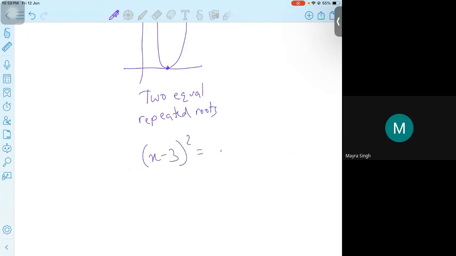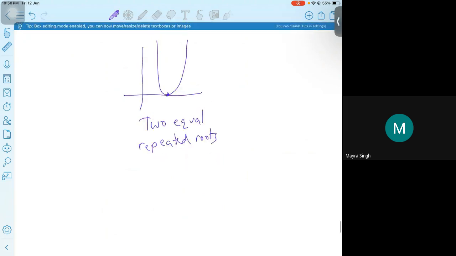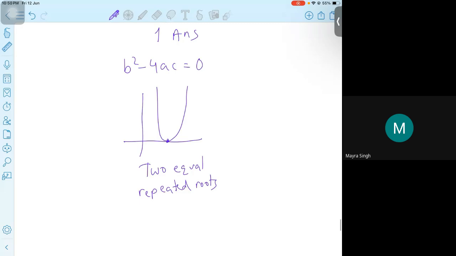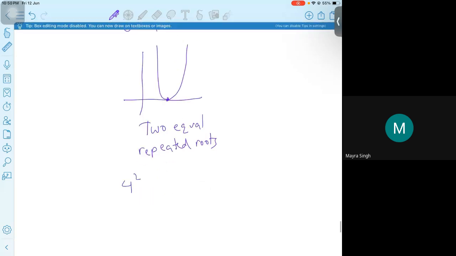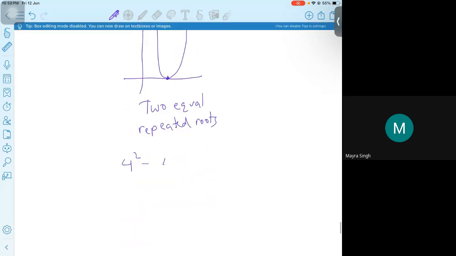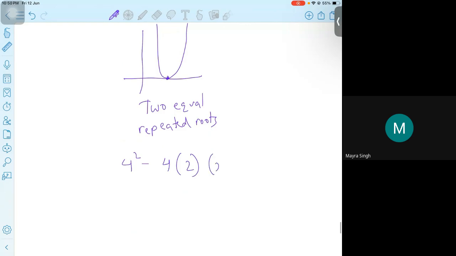So for example, if you had something like x minus 3 squared is equal to, let's say, 1. Okay? No, that's a bad example. My bad. So if you have something like, the equation would be something like ax squared. Sorry. You have something like 2x squared plus 4x plus, let's say, 2.